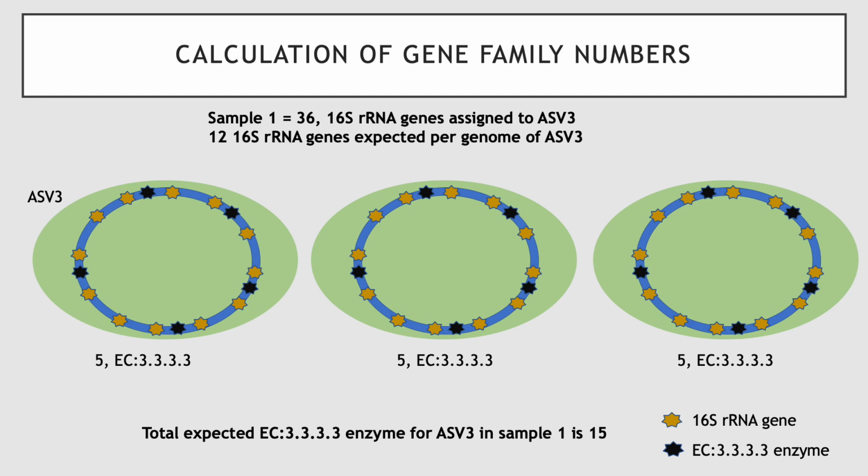And we've also predicted that there should be 5 EC3.3.3 enzymes per genome. Okay. So if we have 3 cells and 3 genomes, then we can predict that there will be 15 of these EC3.3.3 in sample 1.